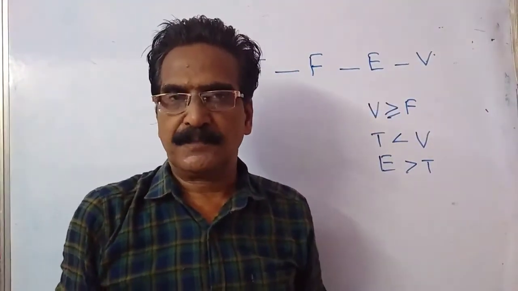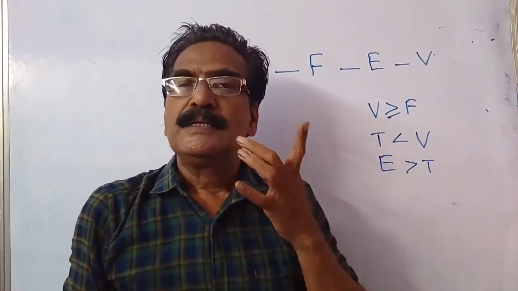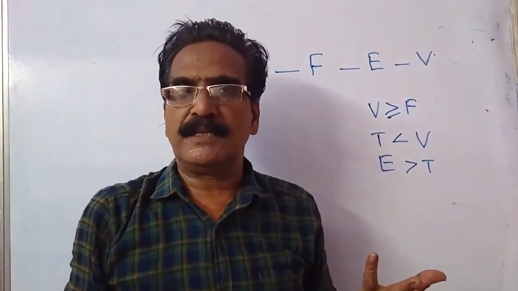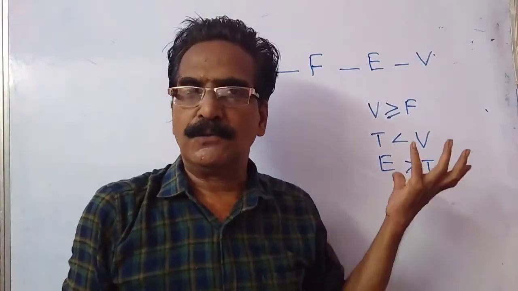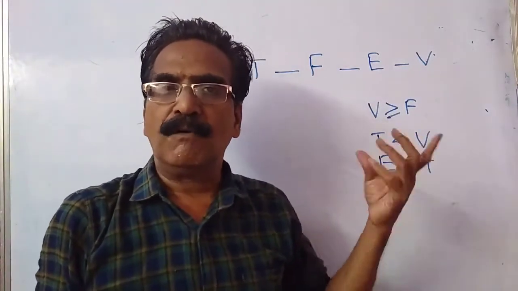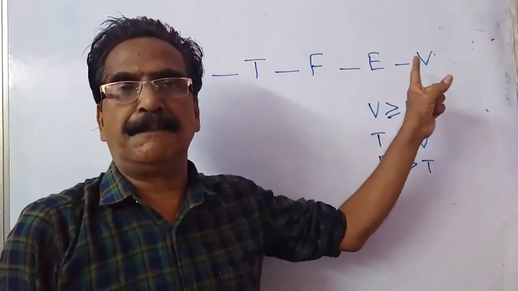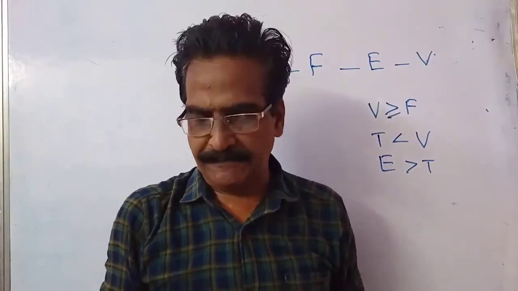Conclusions are given here. Yesterday symbols were given and we derived conclusions. So here conclusions are given, and to derive these conclusions, what symbols can be placed in the blanks? That is the question we are going to do today, friends.